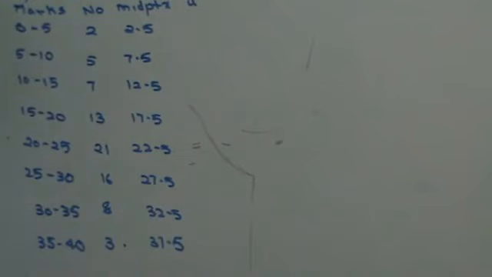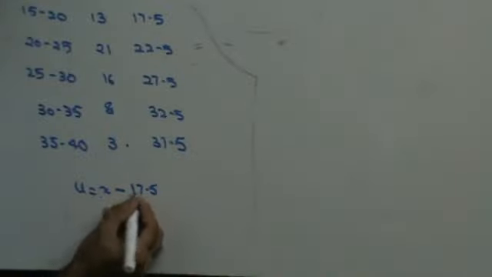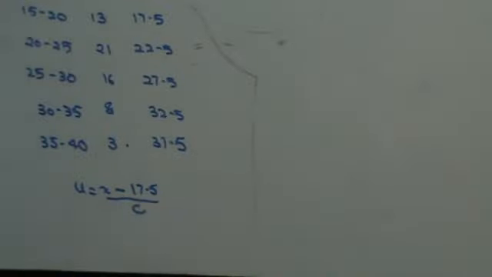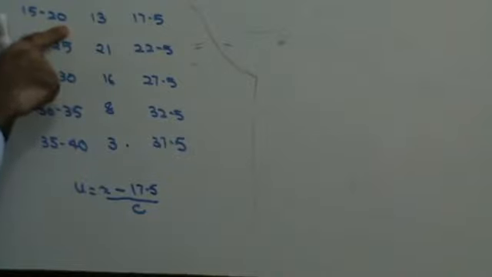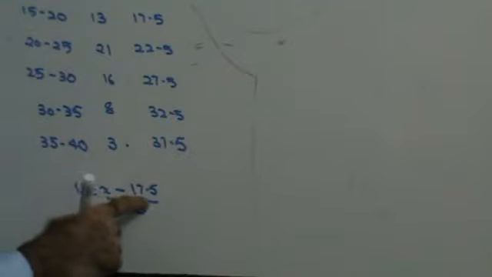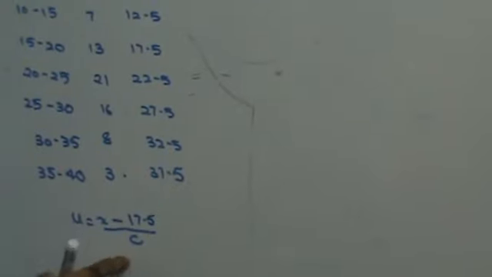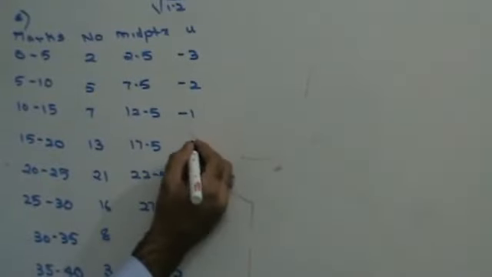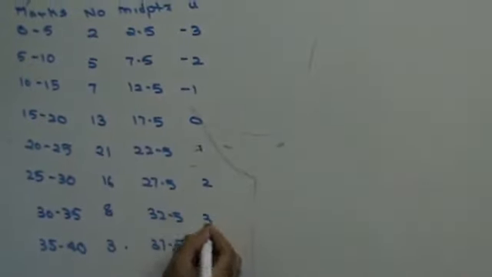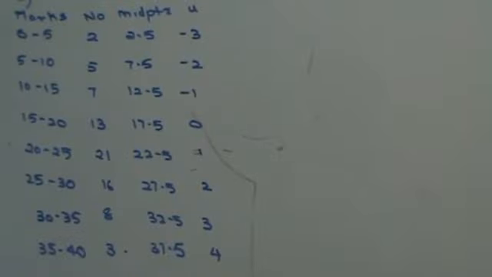Now u is going to be x minus, take any one number from midpoint table, say 17.5, divided by class length. Class length is 5, 15 to 20. So 2.5 minus 17.5, that's minus 15, divided by 5, minus 3, minus 2, minus 1, 0, 1, 2, 3, 4. That will give you u.